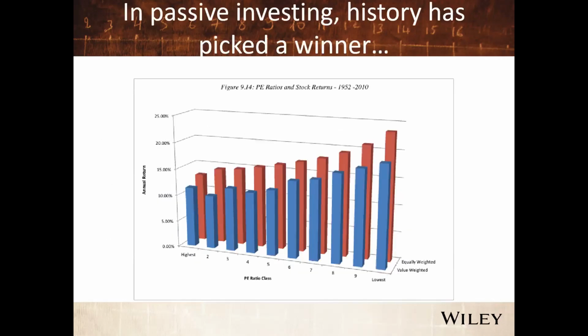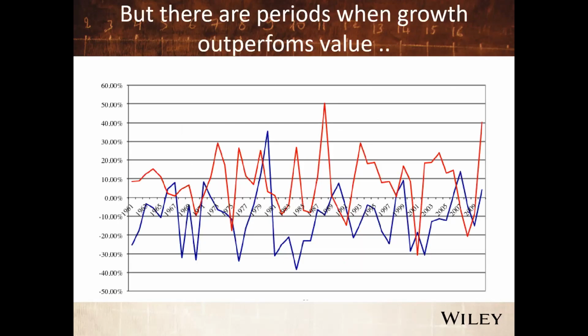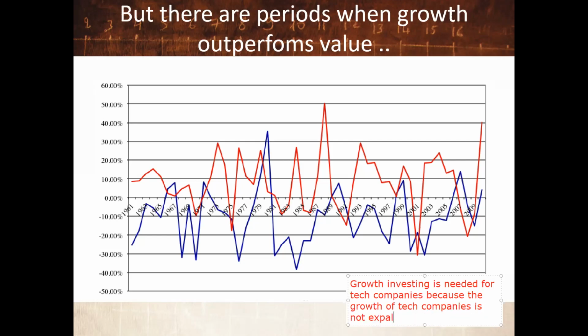In passive investing, history has picked a winner, but there are periods where growth outperforms value. So growth investing can be better in a lot of cases. And the good thing about growth investing is that it predicts the value of companies. Growth investing is needed for tech companies because the growth of tech companies is not explained by value investing.